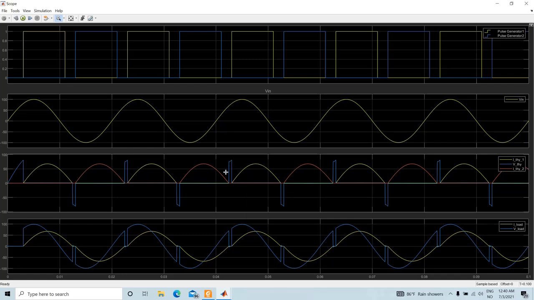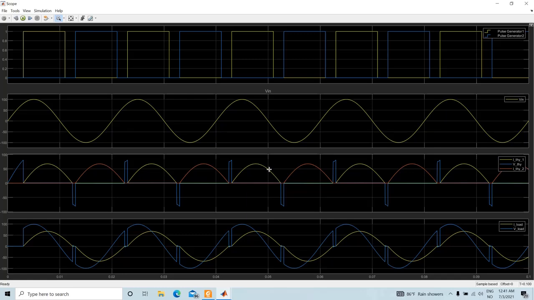If you look at the pulse generator, this is the trigger pulse for thyristor 1. When thyristor 1 is triggered, and then at the source voltage zero crossing, you see that the thyristor current is not 0 and it continues to conduct until the thyristor current becomes 0.